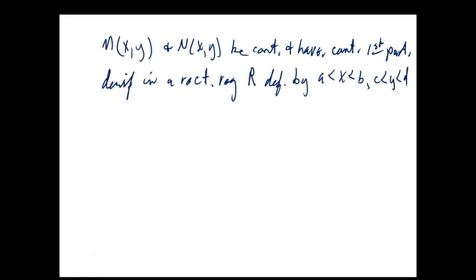Then a necessary and sufficient condition. Now you'll see those show up together. Necessary and sufficient is sort of like if and only if, your double arrow. It's necessary for this to be, but it's also sufficient. If this holds, it's got to be true. So we'll use that term.